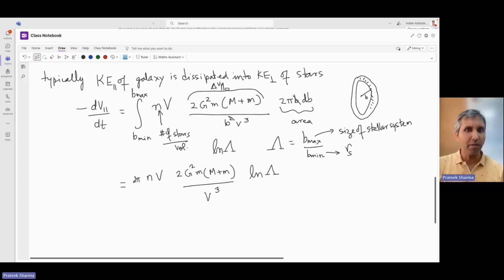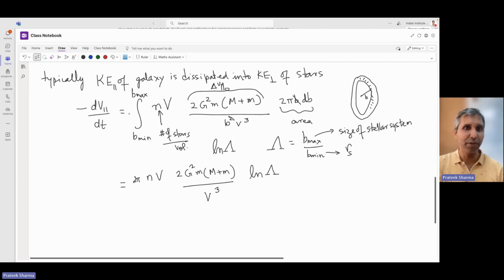Here, what we are assuming is that these stars do not have random velocities. Normally, the stars will have the virial velocities of that stellar system in which they are lying. Here, we are assuming them to be cold. That's why we're using a constant density of stars.